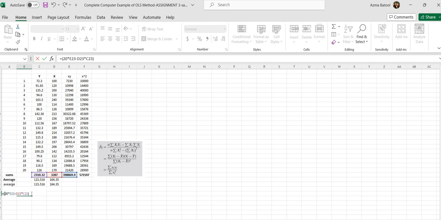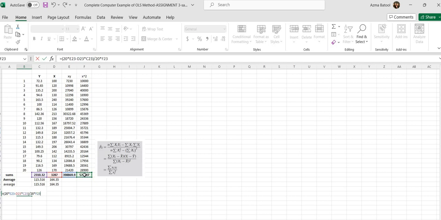So let me take it here. I put a bracket here, I put my cursor here, and I put a slash. Slash means divided by. Now what do I have in the denominator? n summation x square minus summation x whole square. So what is n? 20. Star. What is summation x square? This is the x square series and this is the sum.